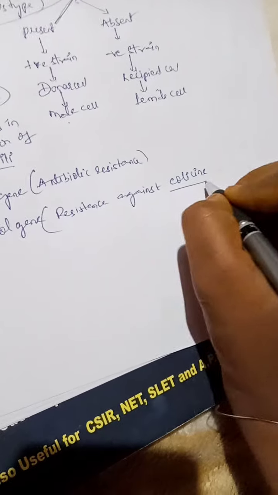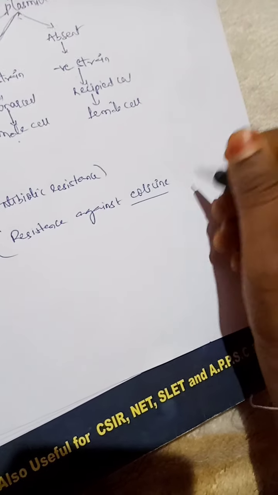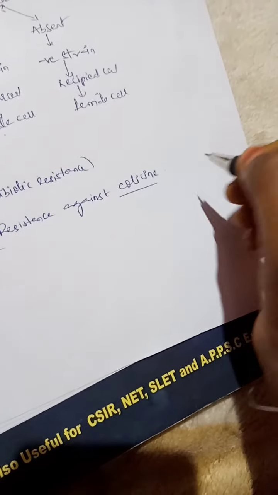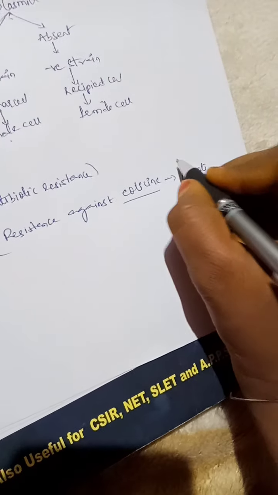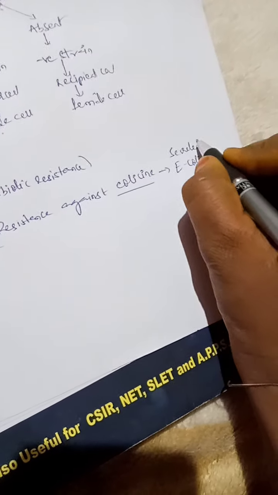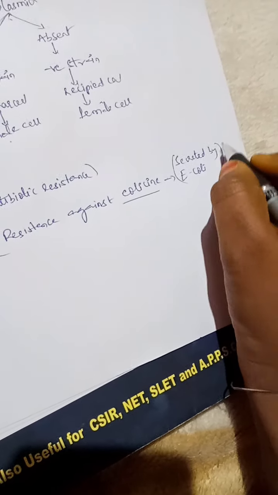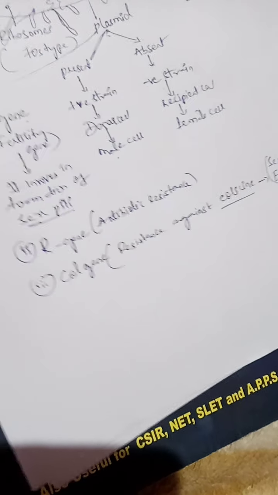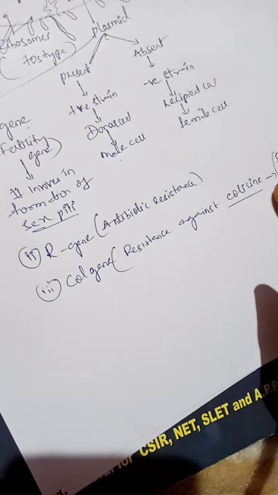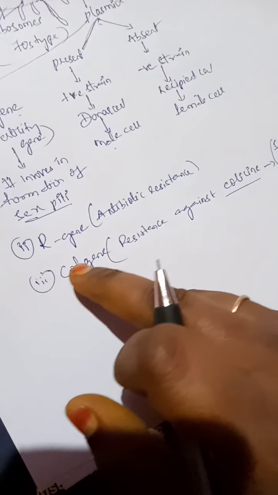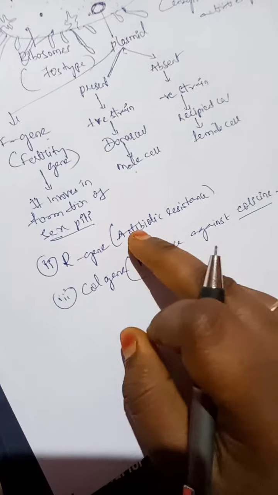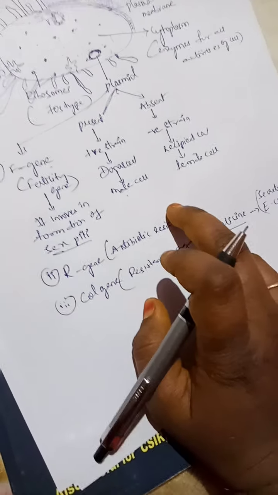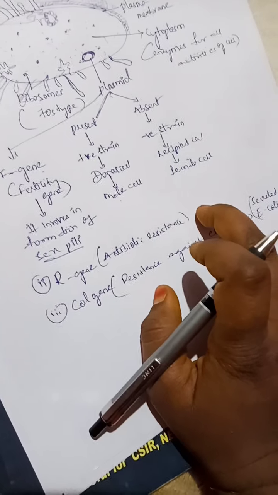This colicin is a chemical substance harmful to bacterial cells, secreted by E. coli. Against this colicin, the Col gene will be helpful, providing resistance, so it acts as antibiotic resistance.